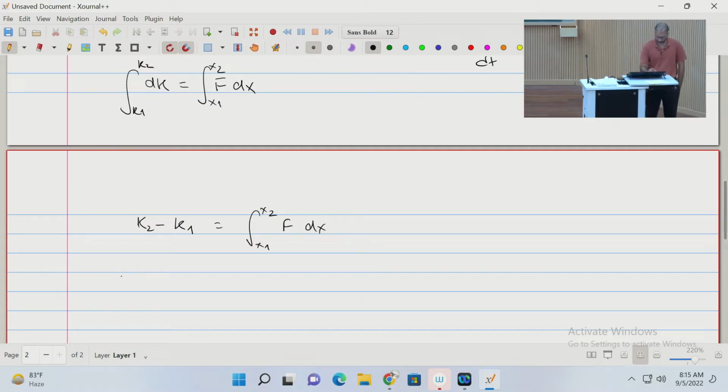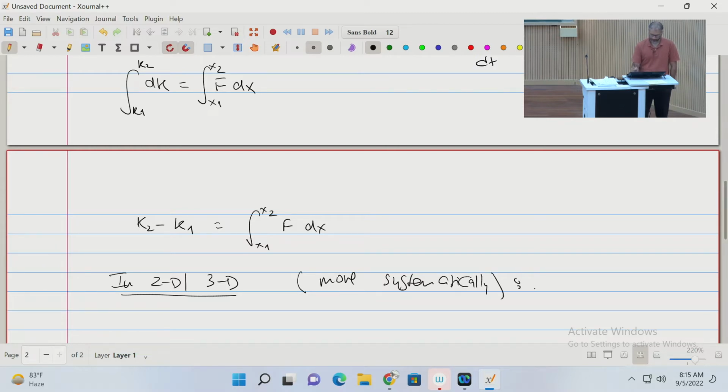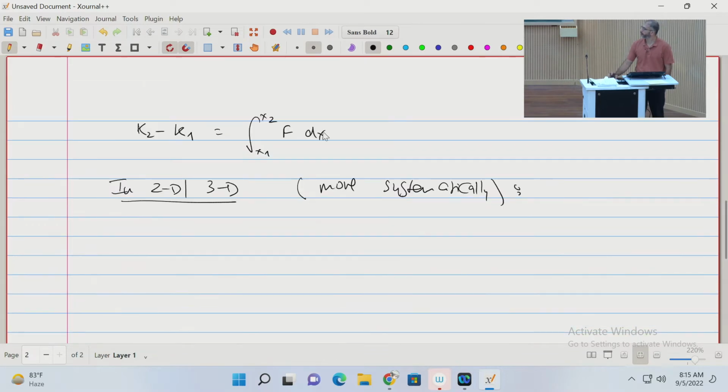Now in 2D or 3D, we can reach the same result in the vector form, and we'll do it more systematically. So we'll start with Newton's second law. The net force acting on a particle is m times its acceleration.